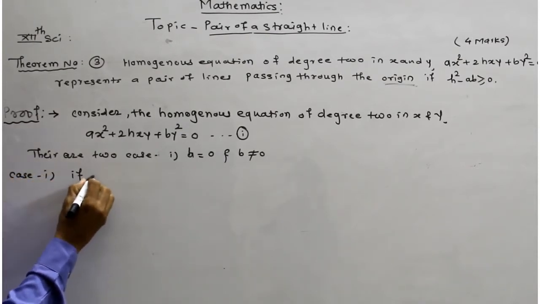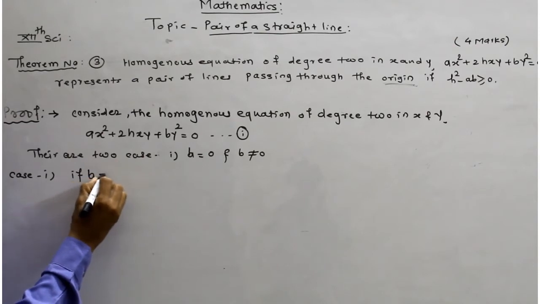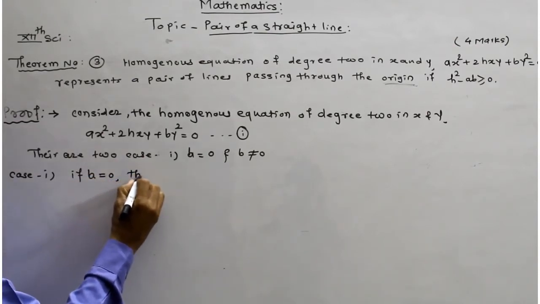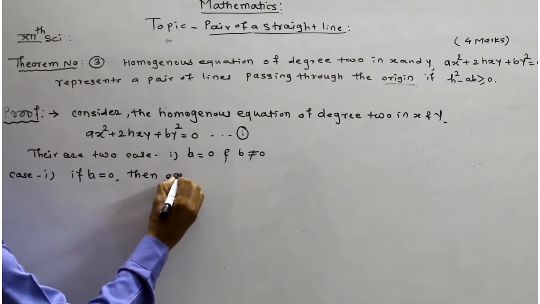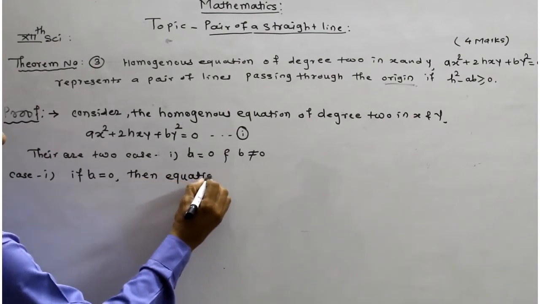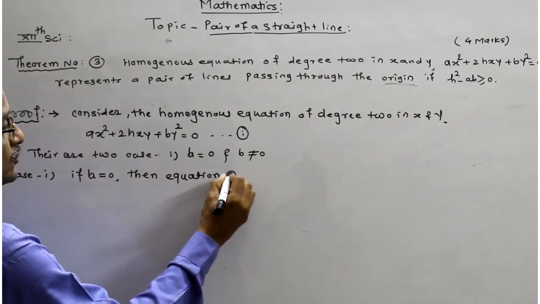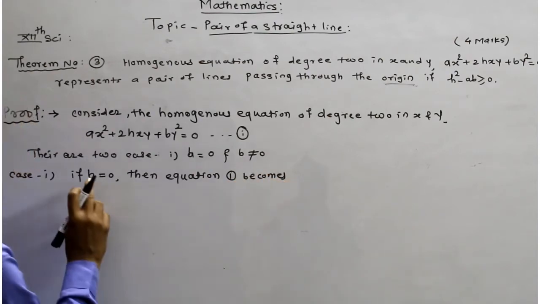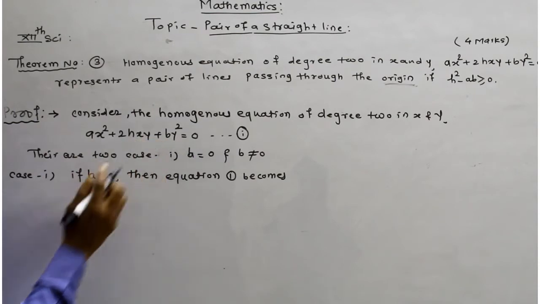If b is equal to 0, then equation 1 becomes, put this value b is equals to 0 in this equation.